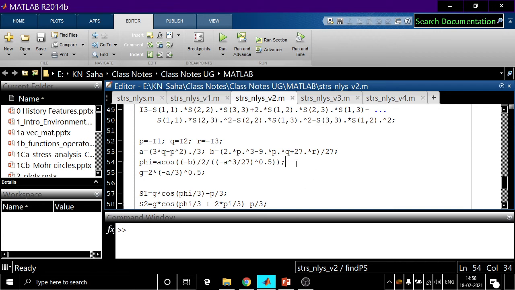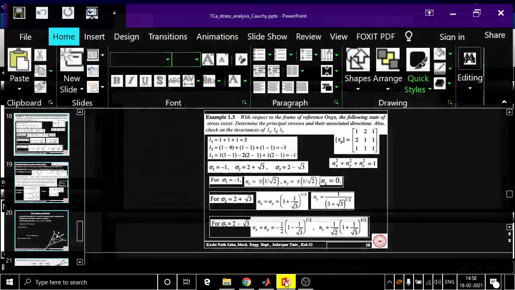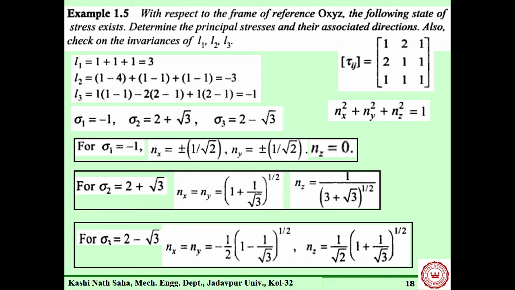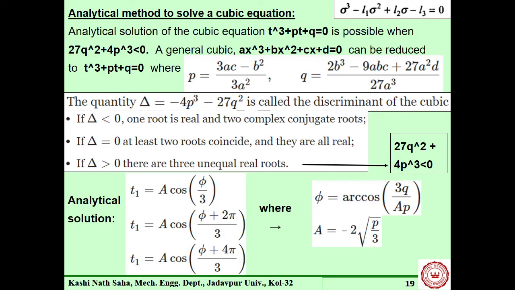So what next? Afterwards, we have to find phi, the cos inverse of this one. Let us go there once again. What were our equations? These were the equations.